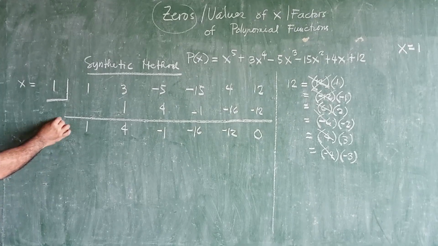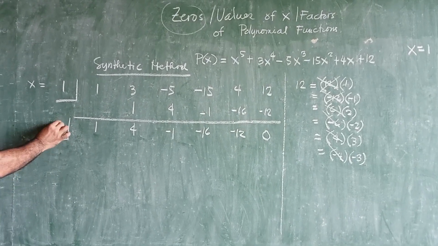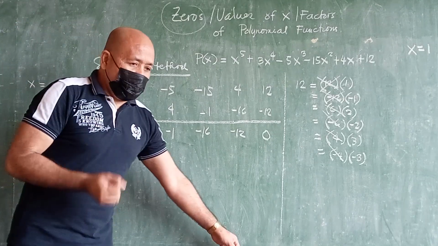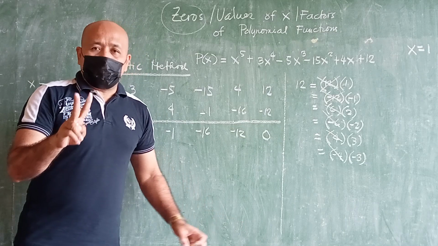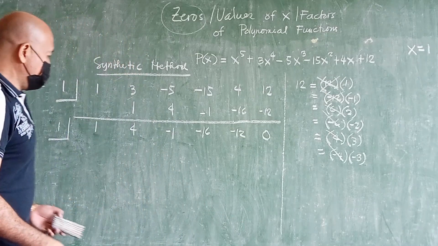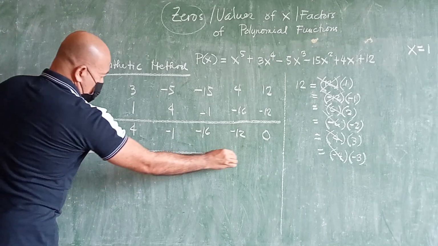And then after that, you try to use again the positive 1 because there is a tendency that in one polynomial, the same numbers are used as values.